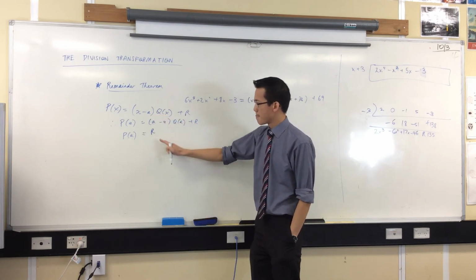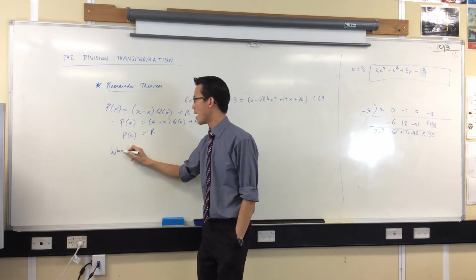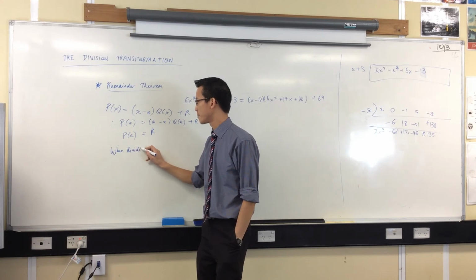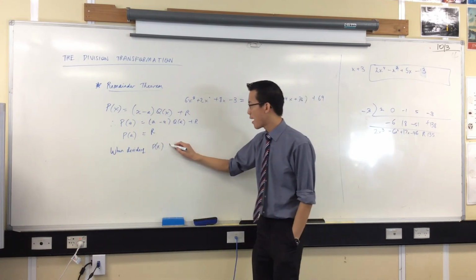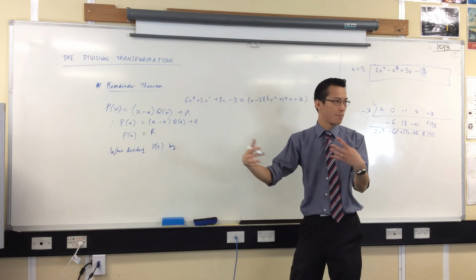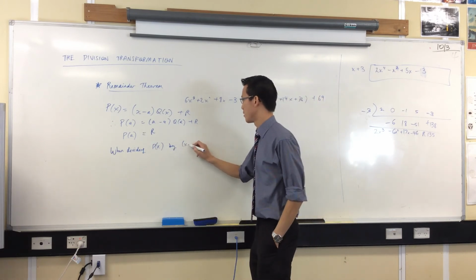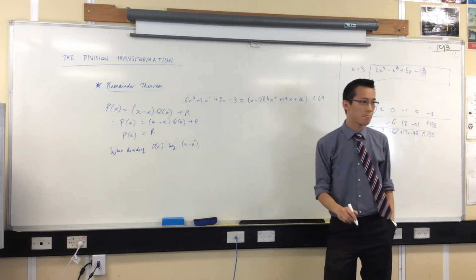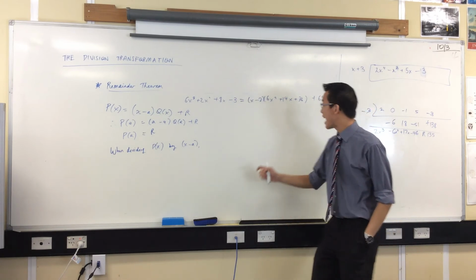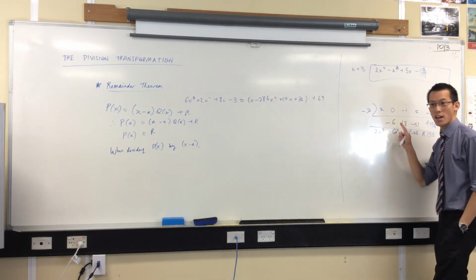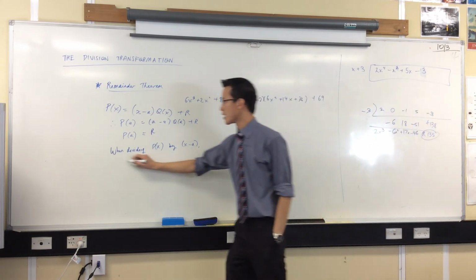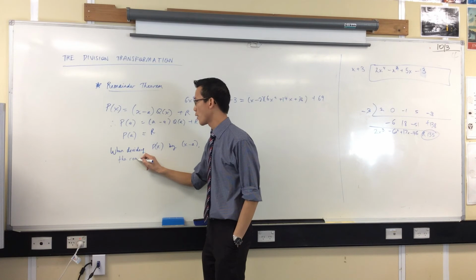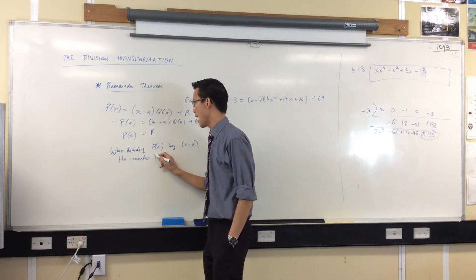When dividing the original polynomial by this monic linear divisor we just concocted, you can instantly, without going through any of this fluff, work out this final number, the remainder, without going through any of the division at all.